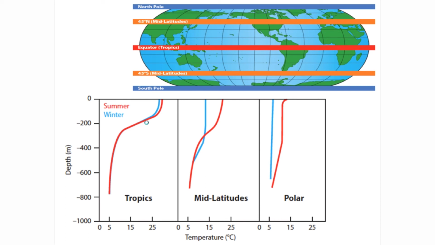In the winter, even though you are in the tropics, there is some cooling, the air is drier, so there is evaporation. So, you will get slight cooling. So, there is some seasonal change even in the low latitudes. As you go to the mid latitudes around 45 north, you will see that the seasonal contrast is much larger. When there is a summer and the sun is heating the surface, there are strong winds and heating near the surface, but the temperature is again close to 2 to 5 degrees at the bottom.